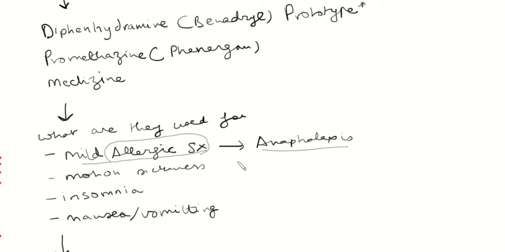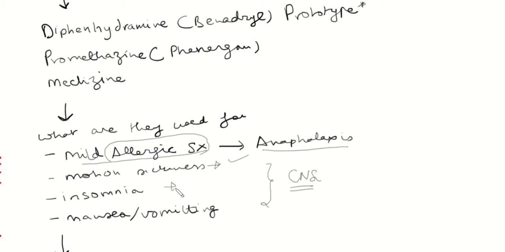Now, the other interesting thing is because these drugs have CNS effect, or central nervous system effect, we can use these drugs to do some of these things in the central nervous system. For example, if somebody has motion sickness, we can give them some of these drugs and that can address it.